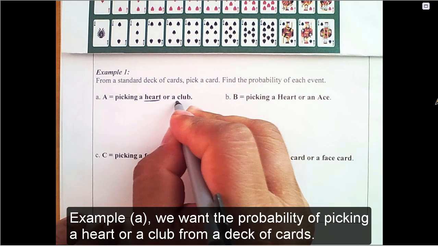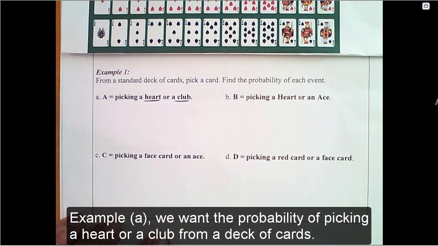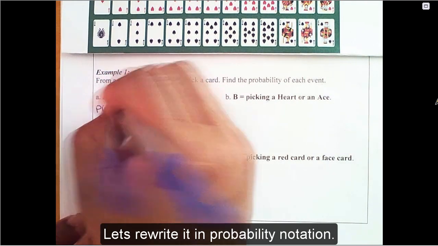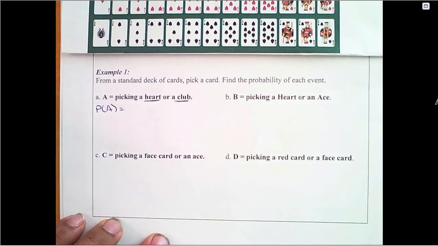Example A, we want the probability of picking a heart or a club from a deck of cards. Let's rewrite in probability notation.